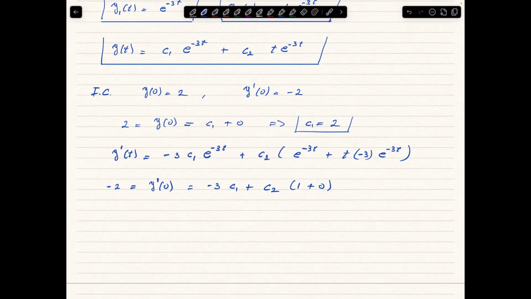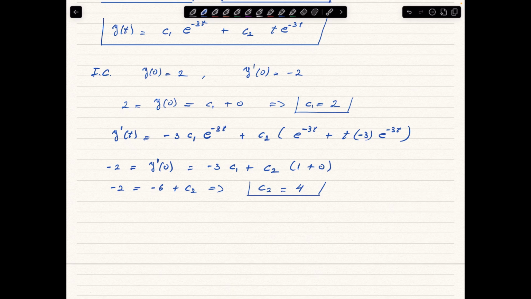But we already know what c1 is. So we have -2 is equal to 2 times -3, which is -6, plus c2. So from here we get what c2 is. We move it to the other side, and it's going to be plus 4. 6 goes as +6. So these are our two constants, 2 and 4.